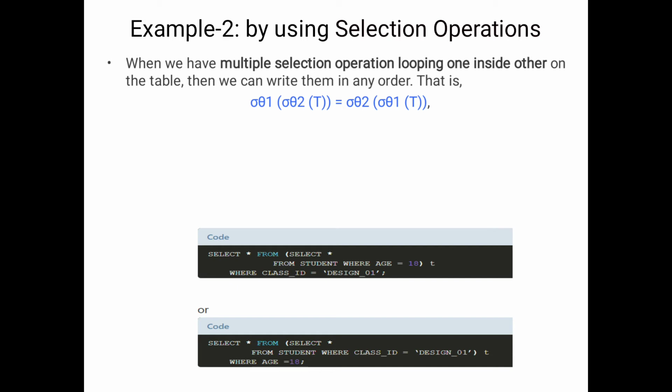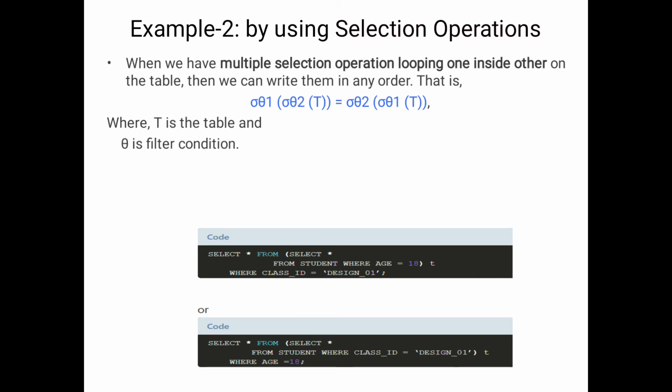By using the selection operation, here we mention the syntax. Please observe the selection operation: sigma theta 1 of sigma theta 2 of the table is equal to sigma theta 2 of sigma theta 1 of the particular table. What is the meaning of sigma and theta?